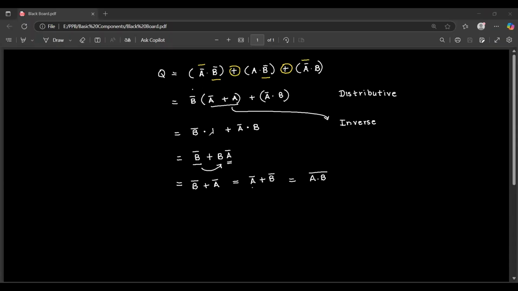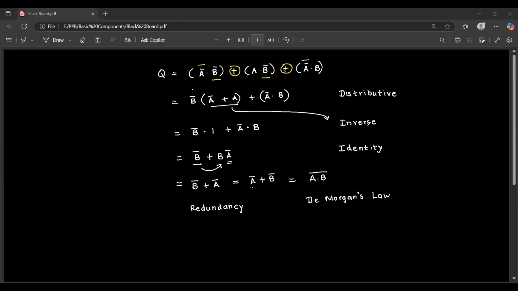Then b bar dot 1 is converted to b bar by using the identity law. Finally I have used the redundancy law here. Some people call this the absorption law. I'm not exactly sure, but I use the word redundancy law. And then finally, I have used De Morgan's law.